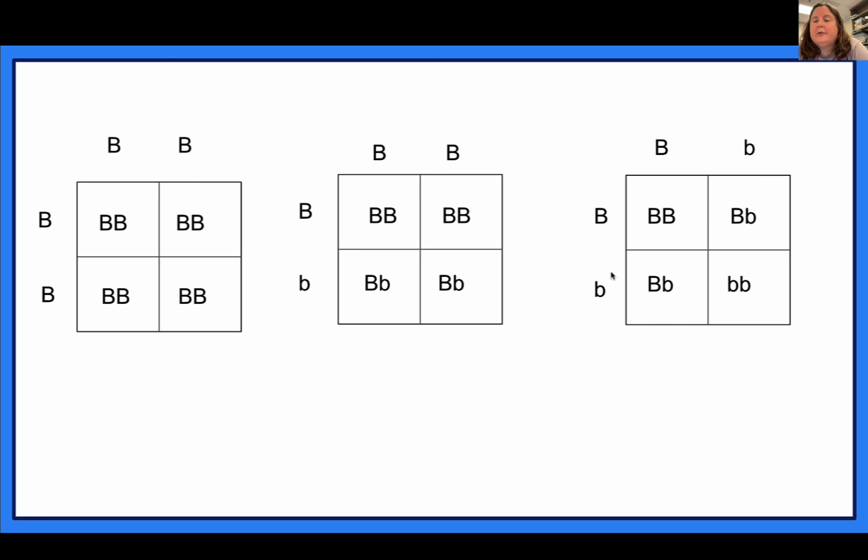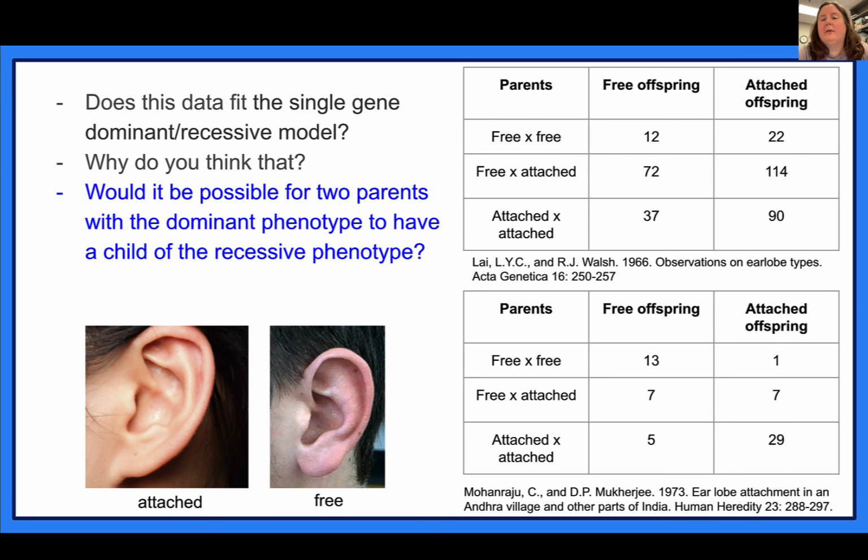If you had two homozygous recessive parents, what would their offspring look like? So think about what this might mean when you're looking at these charts. We're not able to tell whether the parents or the children are homozygous in these numbers here, but we know what their phenotype looks like.